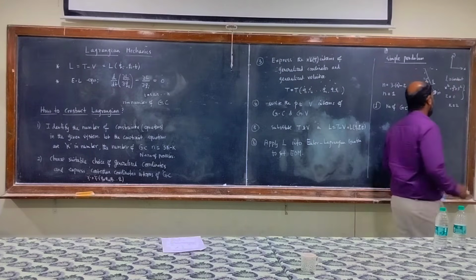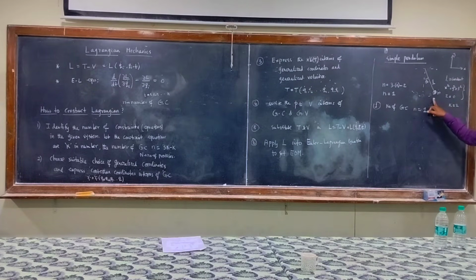Suppose you choose x, or y, either x or y. But the problem is, see how it is related, it looks like a complicated equation. For example, y square is equal to L square minus x square, so y is equal to the square root of L square minus x square. It looks like a square root.